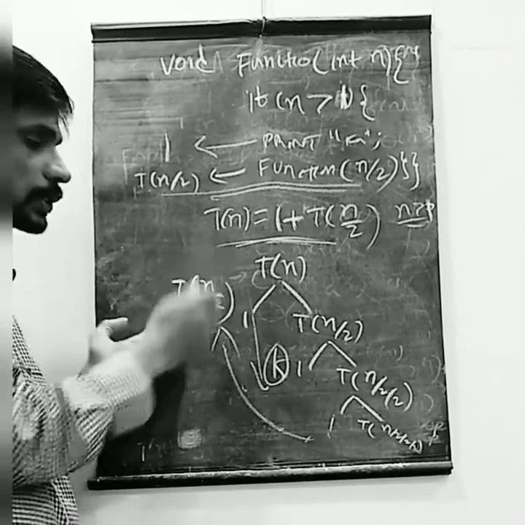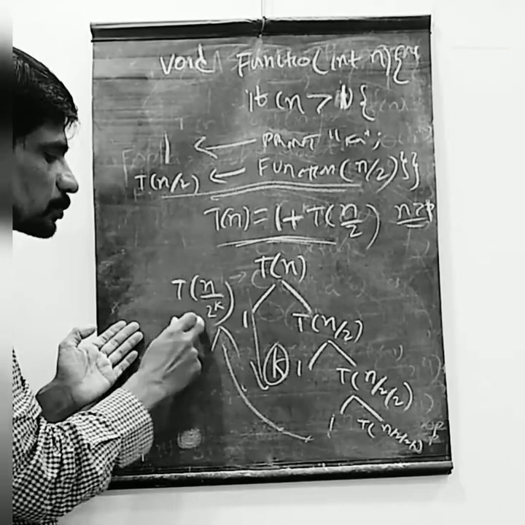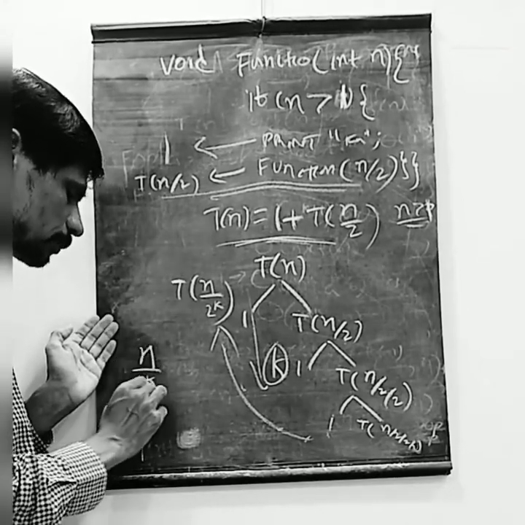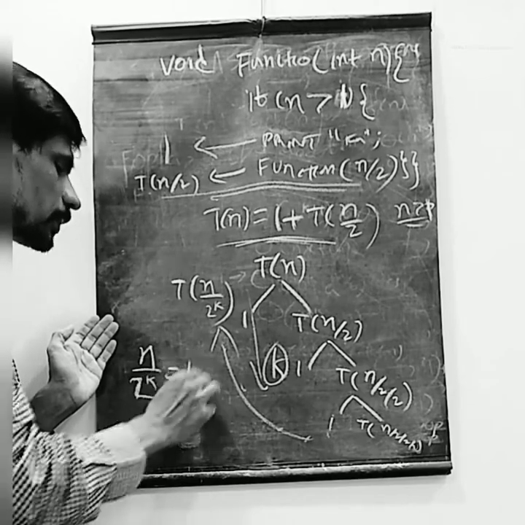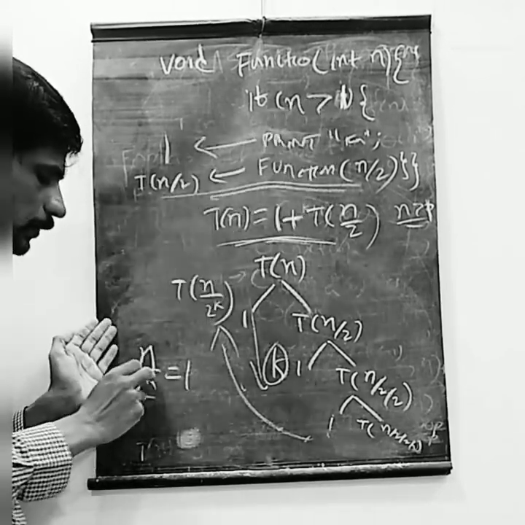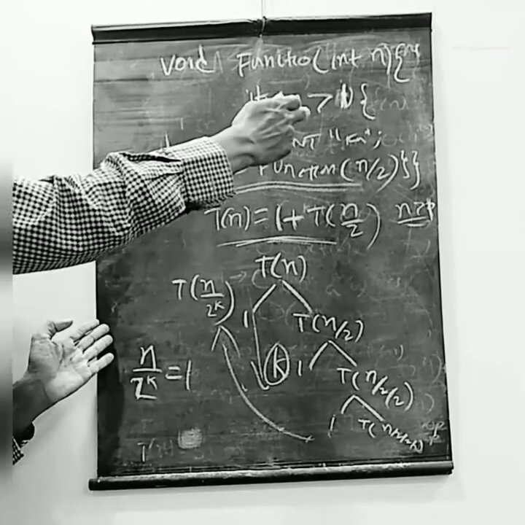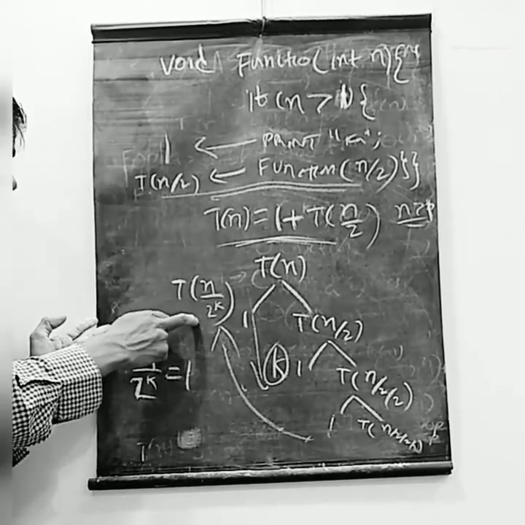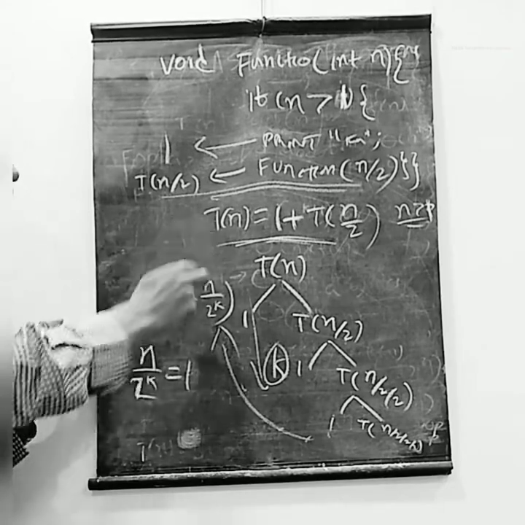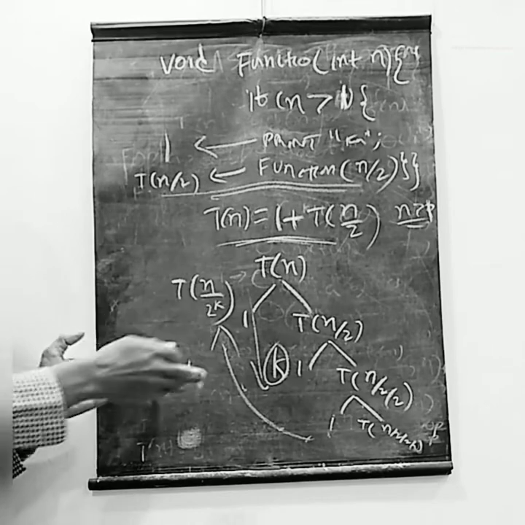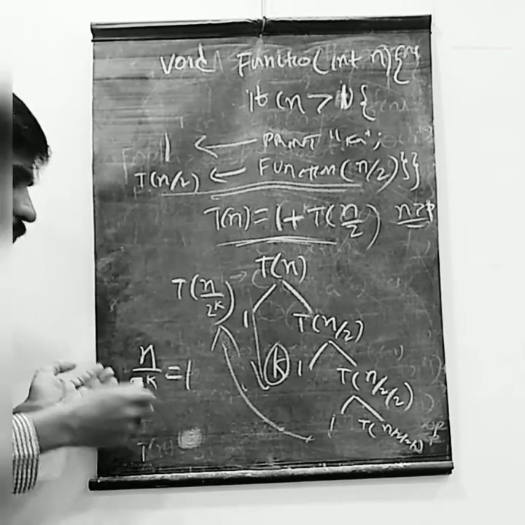When I reach n by 2 power k, my condition is satisfied, that means n by 2 power k equals 1, that is, you have reached the value of 1.